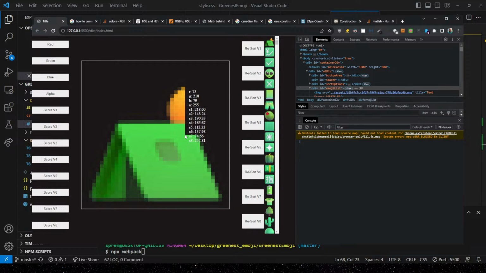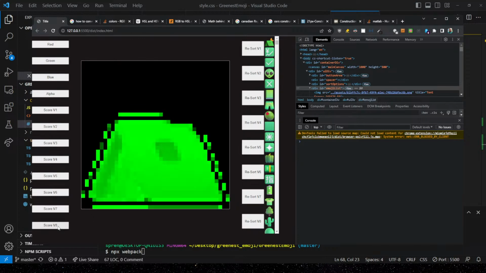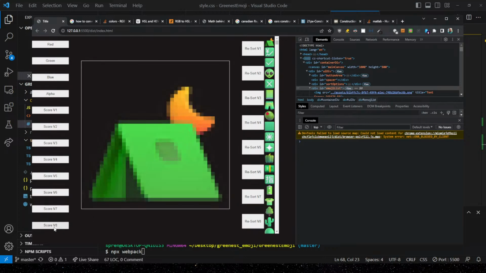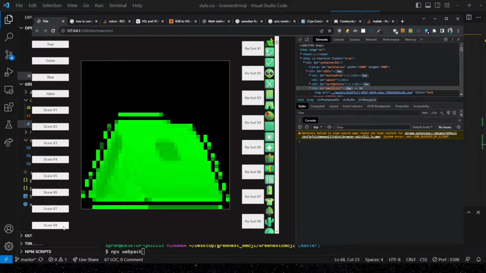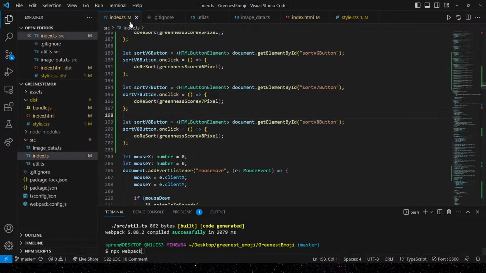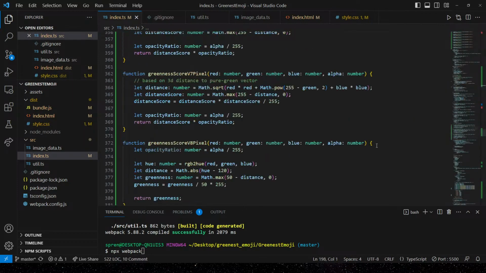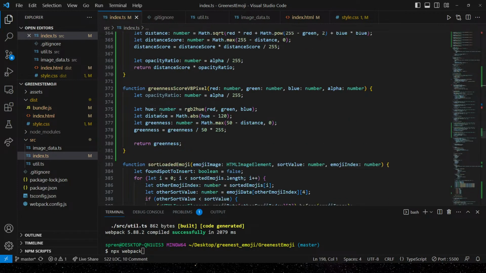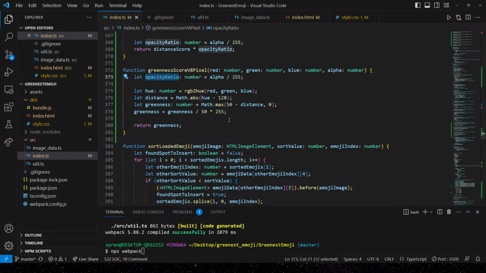It's extremely green for the things that are green. That seems really good. Although, oh, okay. Here's one problem that I forgot to put in there. Opacity ratio. Can't forget opacity ratio.